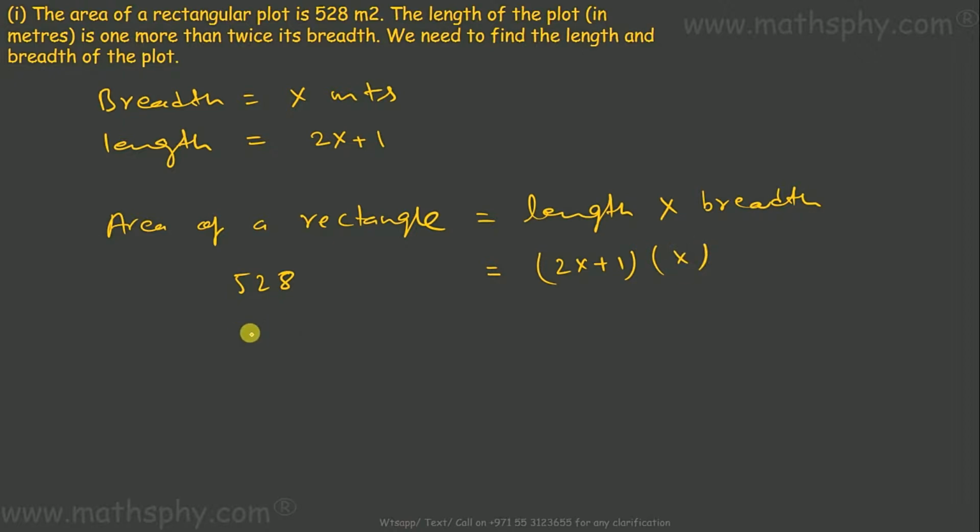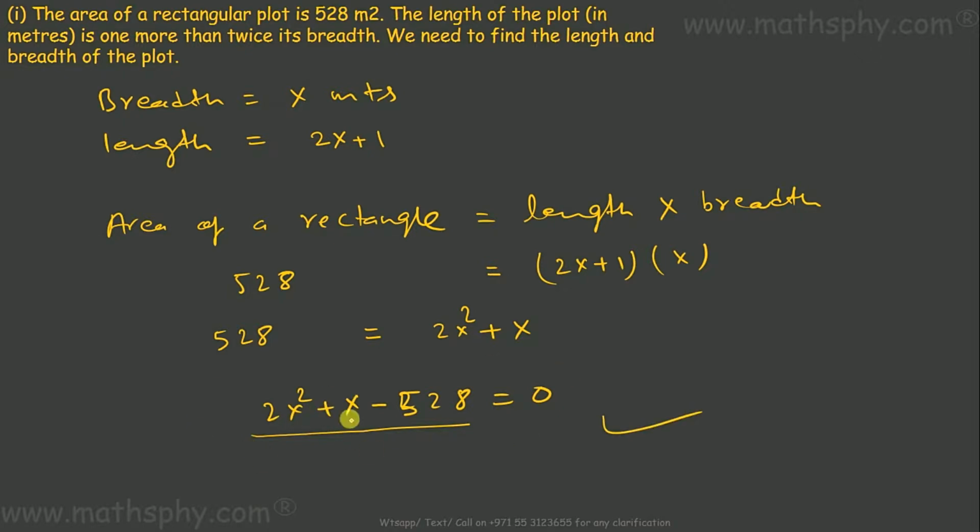So if I solve this, it is equal to 2x square plus x. So I can write it as 2x square plus x minus 528 equals to 0. Highest degree is 2, and we can put this into format of ax square plus bx plus c. So that's a representation into quadratic format.